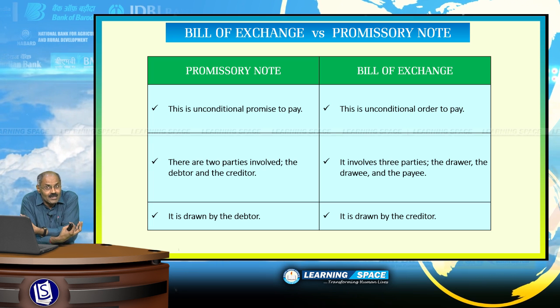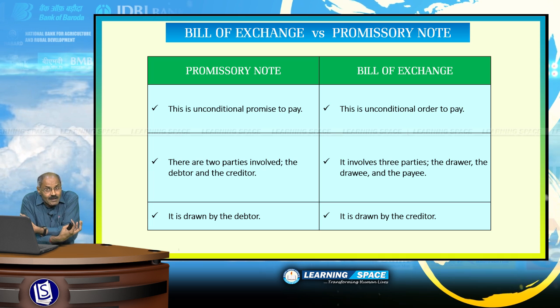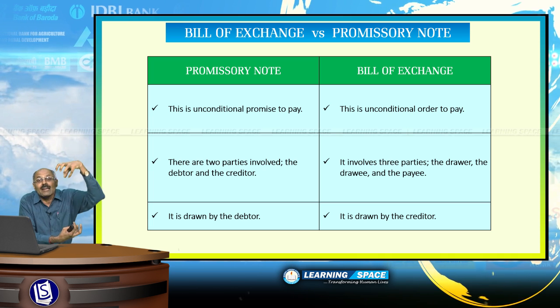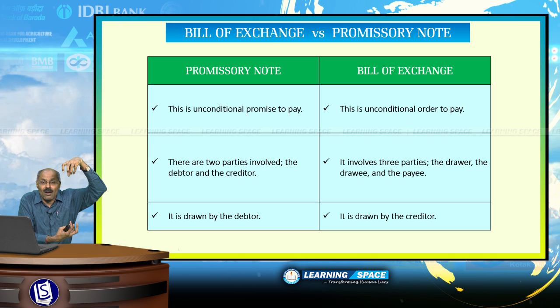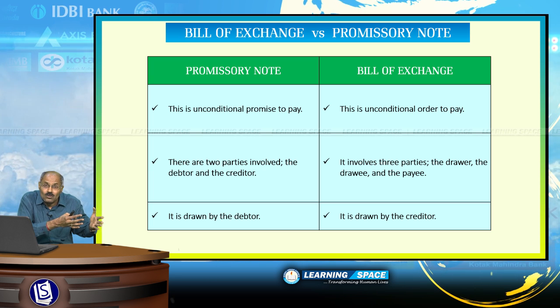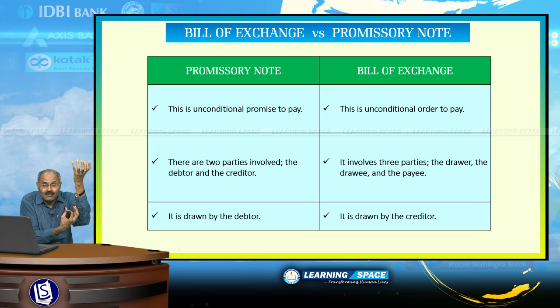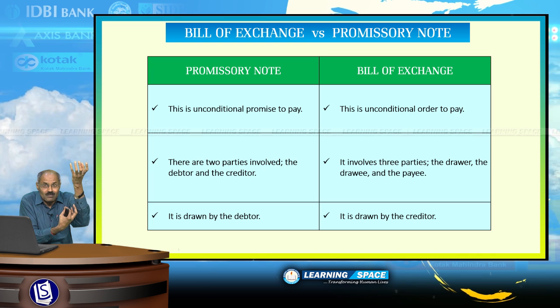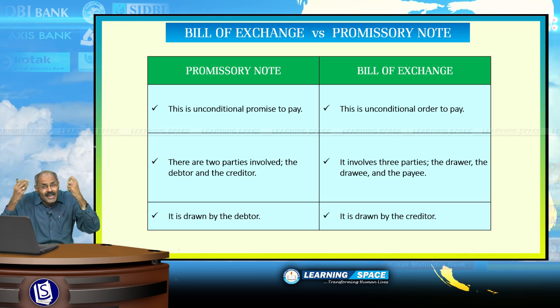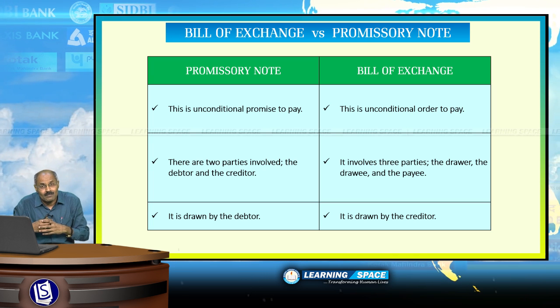IIT Chennai is payee. State Bank of India Chennai is drawee, and State Bank of India Delhi is drawer, and two parties are involved in promissory note, only creditor and debtor. 2 parties are involved in promissory note, but 3 parties are involved in bill of exchange, or I can tell you in demand draft.